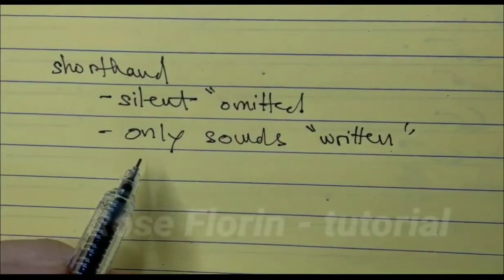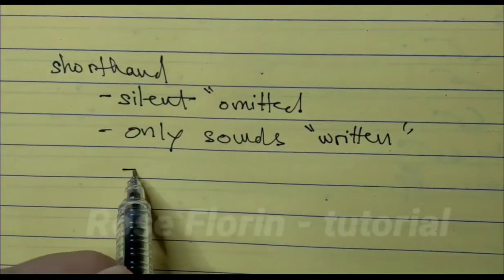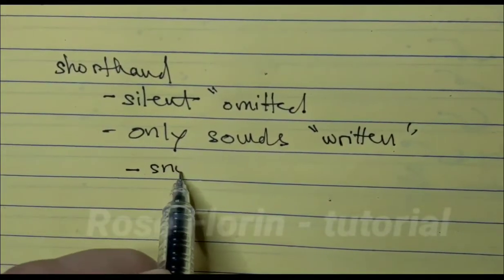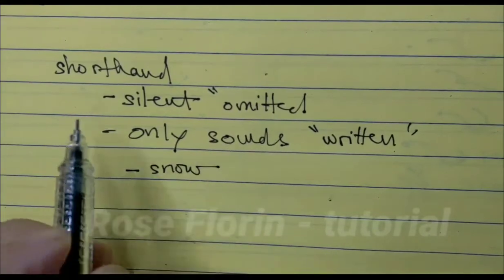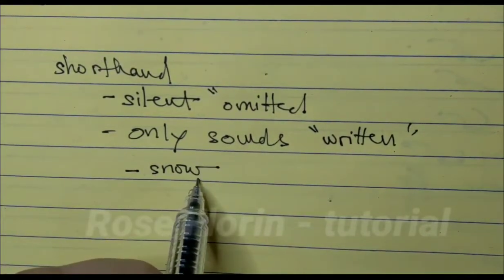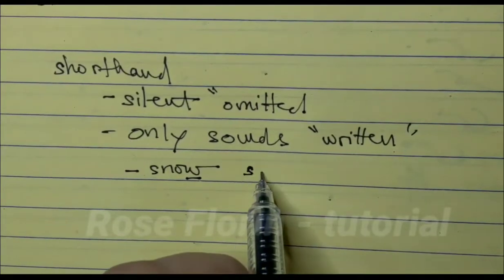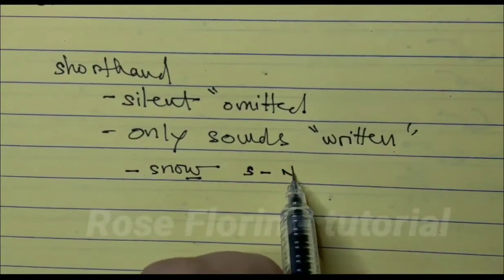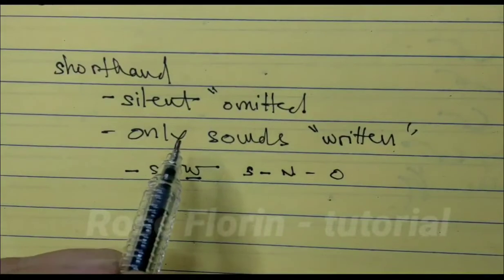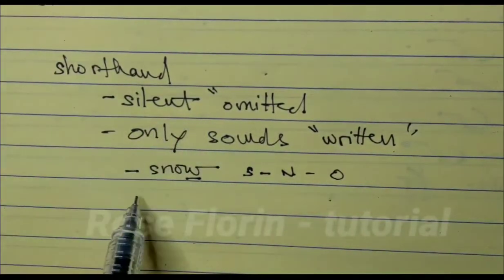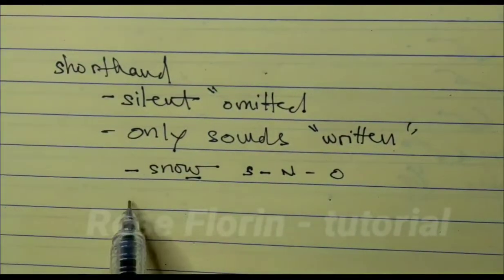Okay, example from the word is no. Okay, so W is omitted. So that is S-N-O. Next, main.